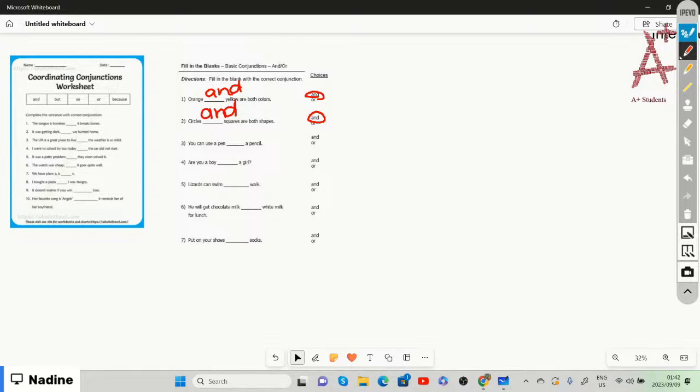Options. So which coordinating conjunction gives us options? So you can use a pen and a pencil, or do we say you can use a pen or a pencil?